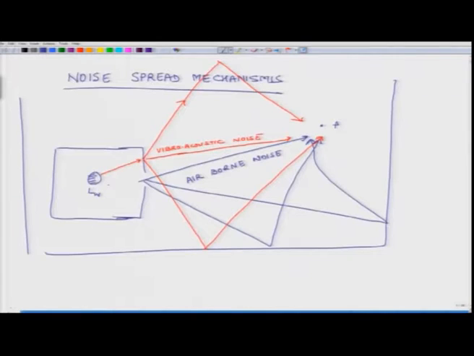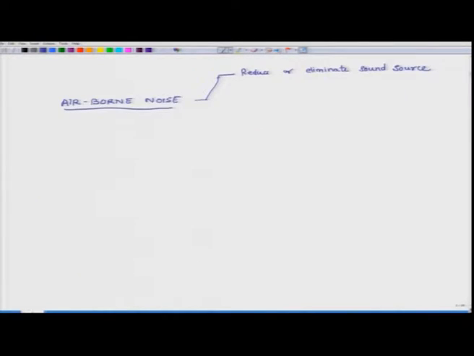In this case, what is the original sound source? This machine. So, if I can somehow have a better machine which produces less noise, or I can somehow eliminate this and still get my things done, that would work, but in a lot of cases this is probably not a very practical solution, because there is not much we can do with this machine, because we need it and we cannot change its design.